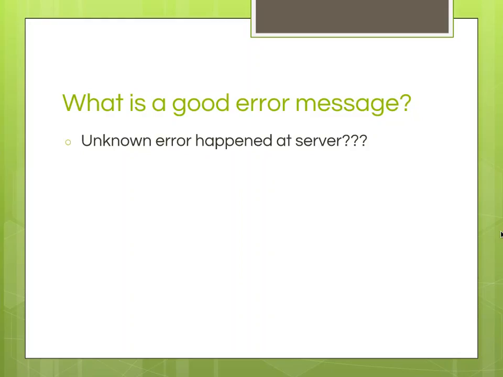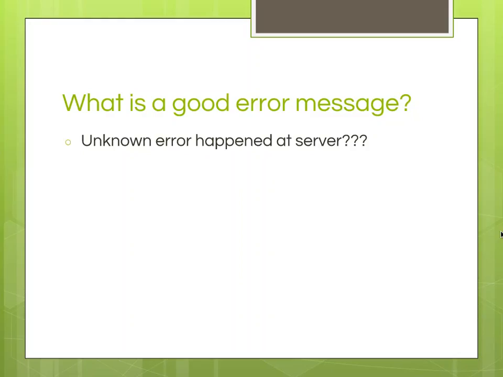So you need to write code to handle errors so that you can first of all convey a proper message. Now again, the party can be anything who is receiving the error. Of course, it can be a developer, it can be a user, it can be any third party.